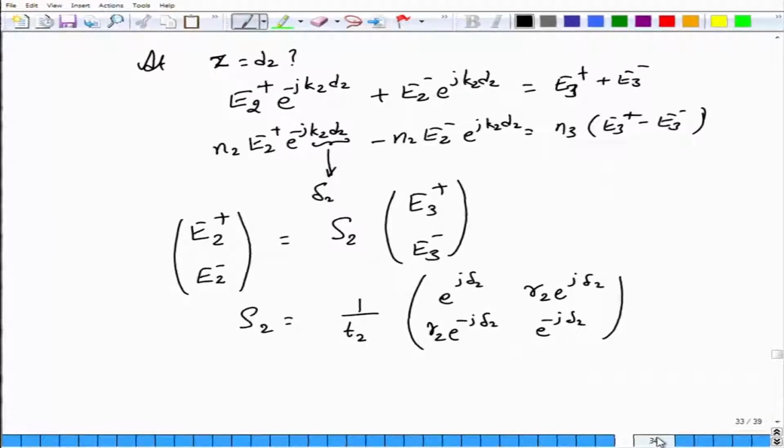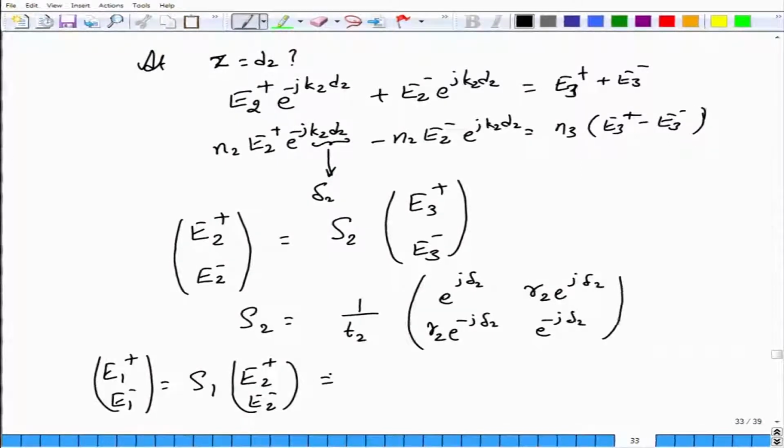Now, what is the advantage of writing all this? Well, I have expressed E2 plus and E2 minus in terms of E3 plus and E3 minus, but I already know that E2 plus and E2 minus, times S1, was equal to E1 plus and E1 minus. Since E2 plus and E2 minus is related to E3 plus and E3 minus via the matrix S2, I can rewrite this in terms of E3 plus and E3 minus.